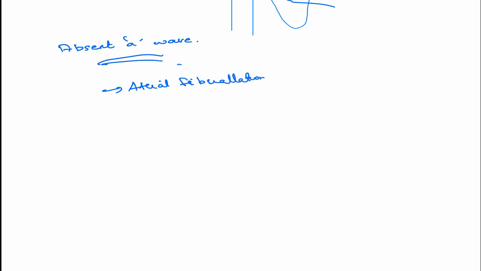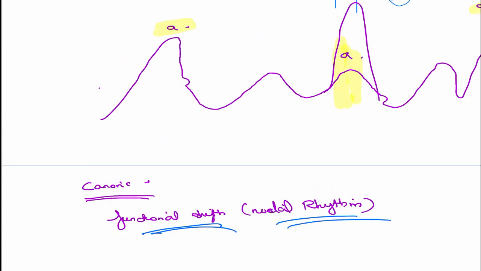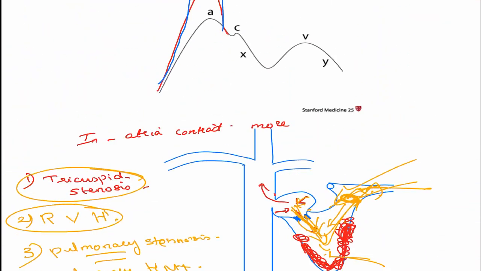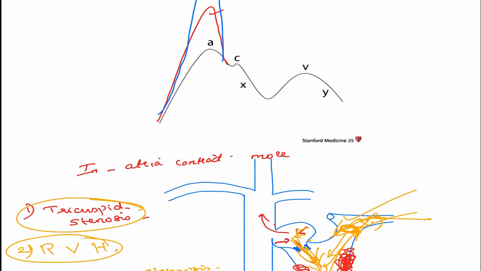Now finally, a case where there is an absent A wave. Where do you see it? Simple, when there is no normal atrial contraction, in atrial fibrillation. The atria contract asynchronously, like a mild contraction, with no much rise in pressure.